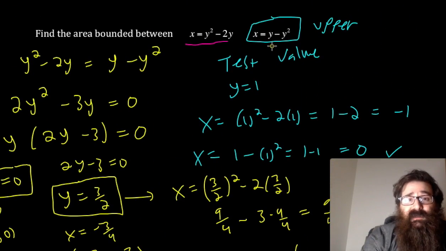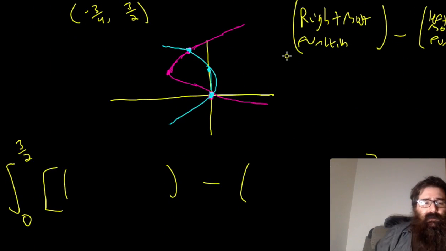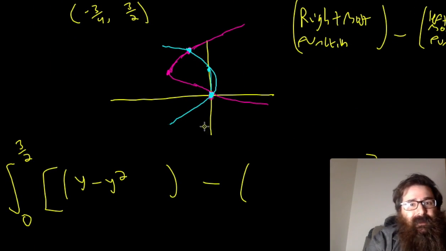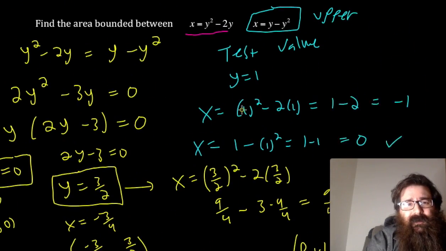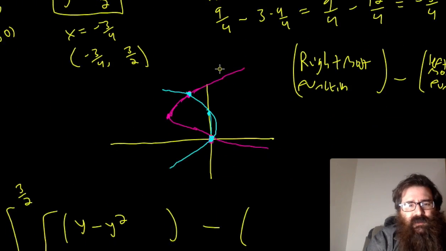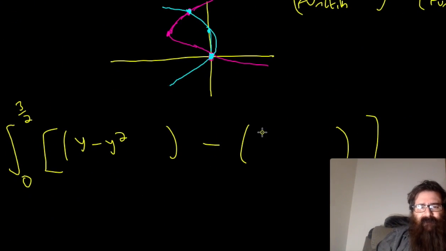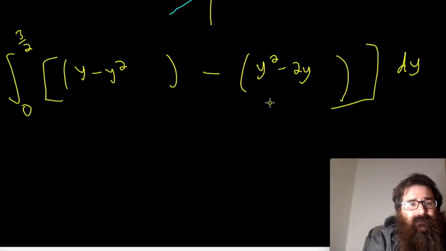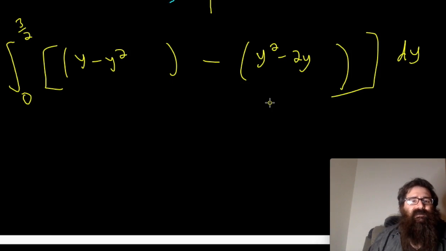We said the upper function is y minus y squared. And then the lower function, as it were, is the y squared minus 2y. And in this case, we're going to be integrating with respect to y, since that's the variable that we're working with. Let's bring that subtraction through.